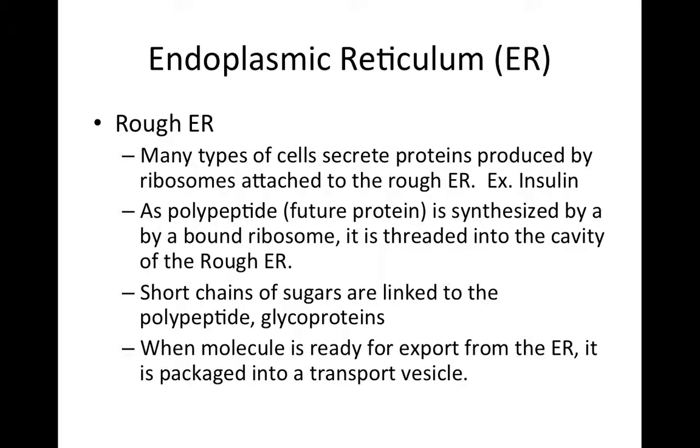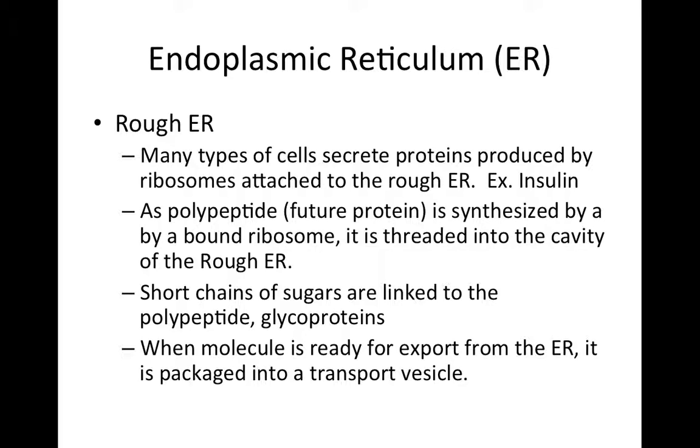The ribosome will start translating the insulin protein in the cytoplasm, but maybe about halfway through, it will take the rest of the messenger RNA encoding insulin to the rough ER, and that ribosome will bind to the membrane of the endoplasmic reticulum. Translation will reactivate, and as the insulin protein is made, it is threaded through the ER membrane and dumped into the endoplasmic reticulum.